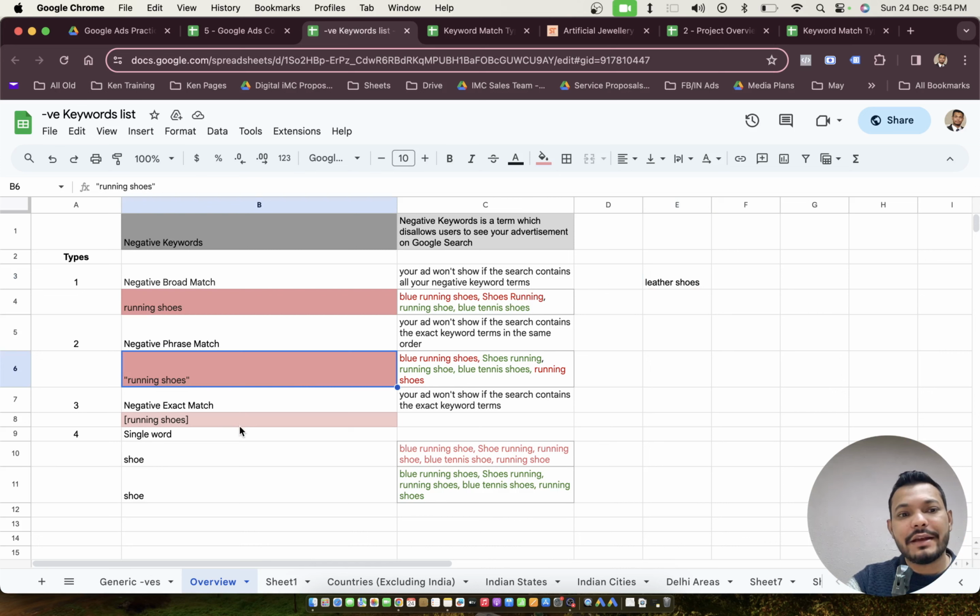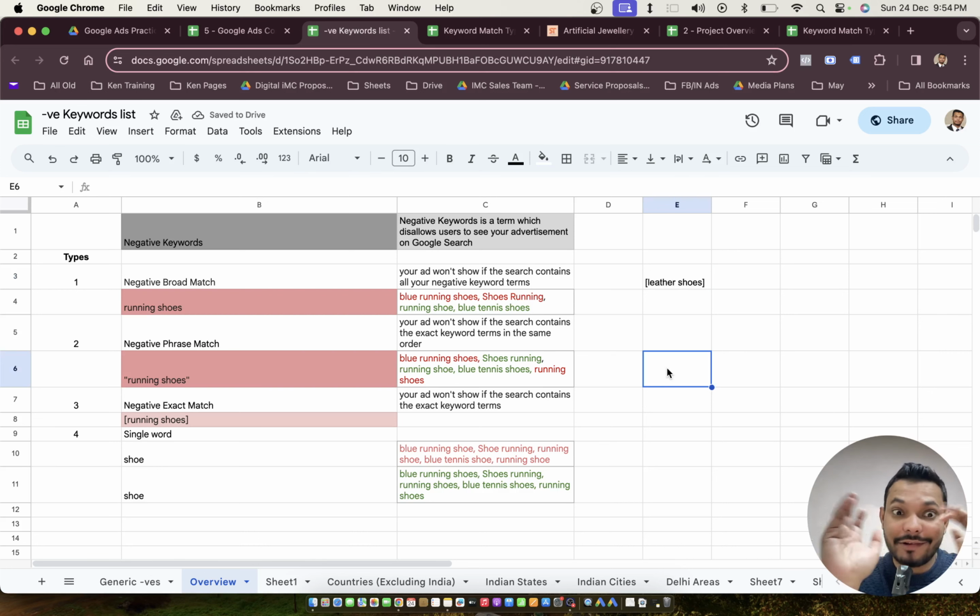But then we have negative exact match, where it blocks the ad for someone who is typing exactly the same term, exactly leather shoes. Maybe for people it's quite confusing, it's quite tricky sometimes.